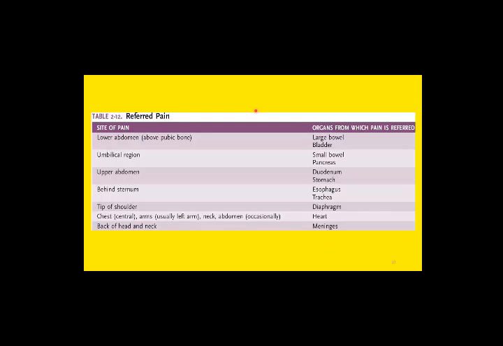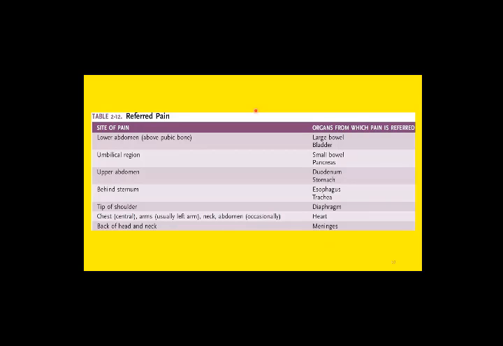So we have discussed different types of pain, fast pain versus slow pain, somatic pain, including superficial and deep, versus visceral pain. Another terminology frequently used in clinical setups is referred pain. So what is referred pain?